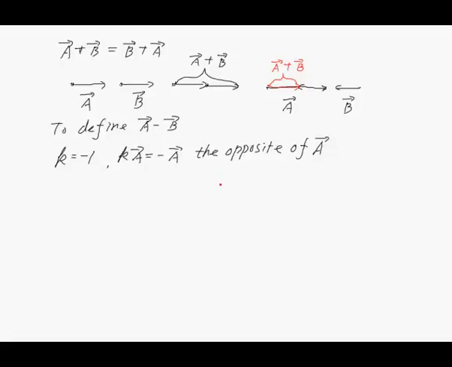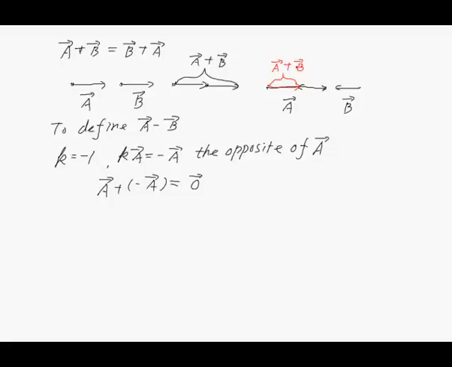And then vector A plus negative vector A is just equal to the zero vector. You see, if you let this vector be equal to negative vector A, then A plus negative A is equal to the zero vector.